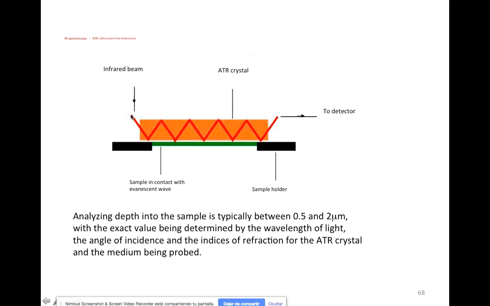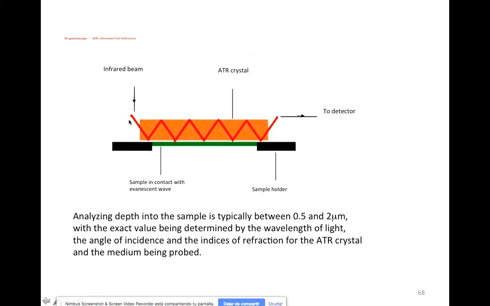The infrared goes through the crystal, which is transparent to this energy, and then it touches only the surface of the sample, between around 0.5 and 2 micrometers. That is the depth of the analysis, and the exact value is determined by the wavelength of light, the angle of incidence, and the indices of refraction of the ATR crystal and the medium being probed.